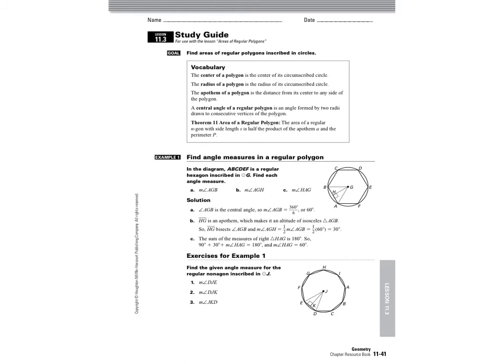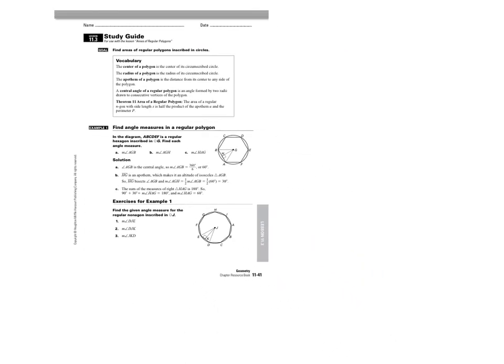So this is the formula that we're going to use. The formula to find the area of a polygon is, and we saw this yesterday, 1/2 the apothem times the number of sides times the side length.